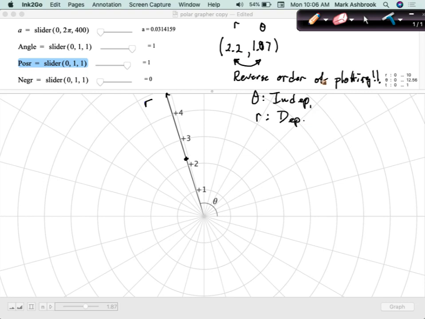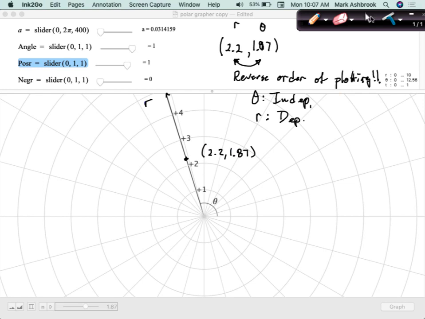But the convention for writing out points is r first, then theta. You have a question? So this is the point, 2.2, comma, 1.87. So when you head out from the pole in r units, it's always in whatever direction theta you picked.